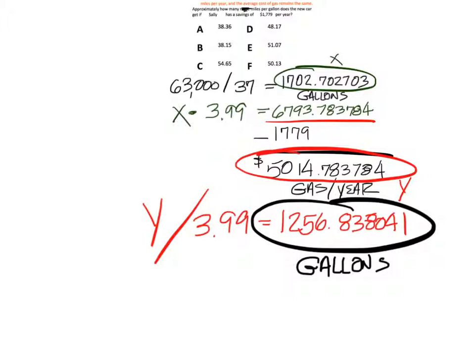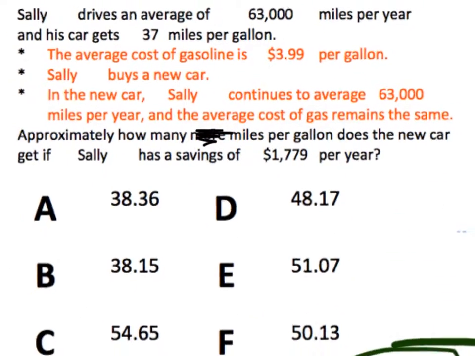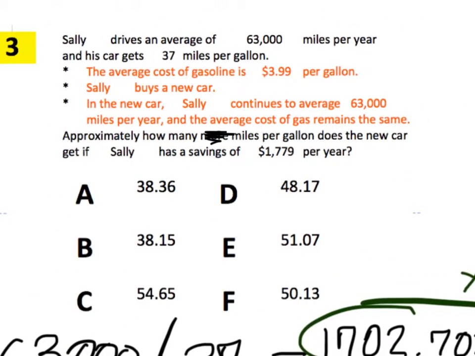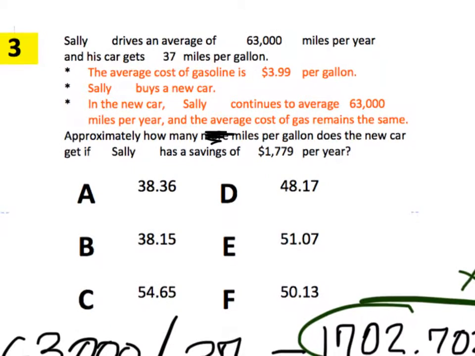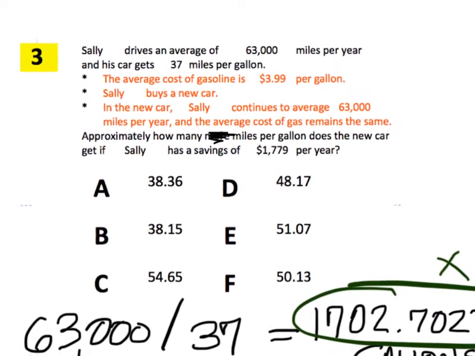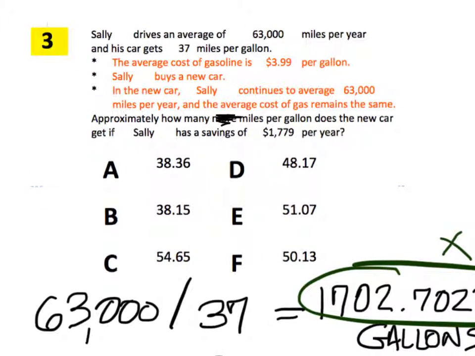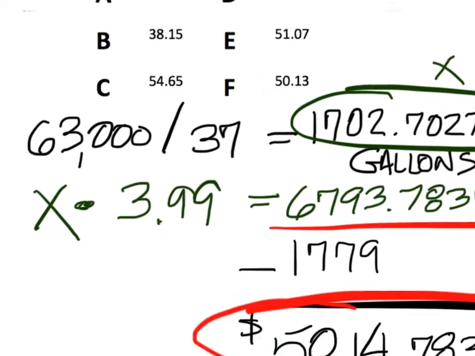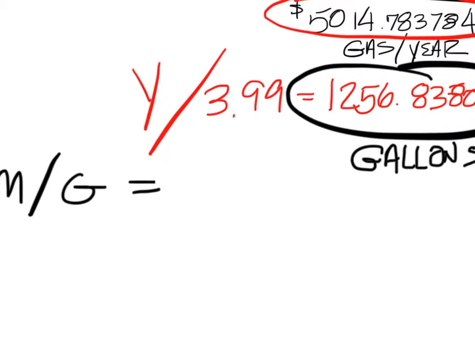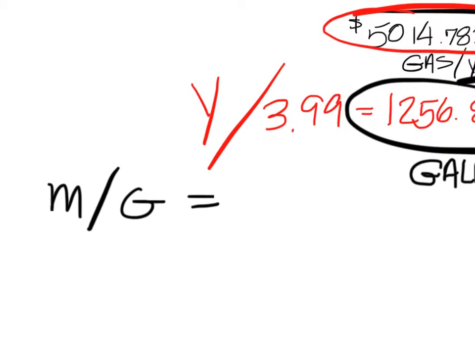Okay, now if that's how many gallons, how can we find miles per gallon for the new car? How many miles did she drive in 1 year? 63,000. Okay, so we have 63,000 for miles.